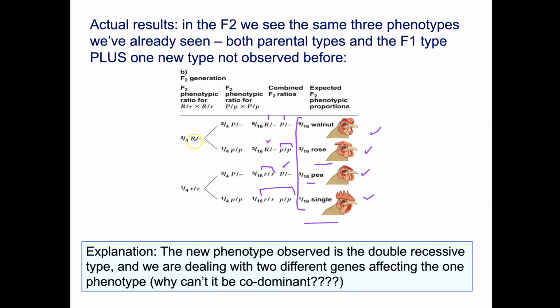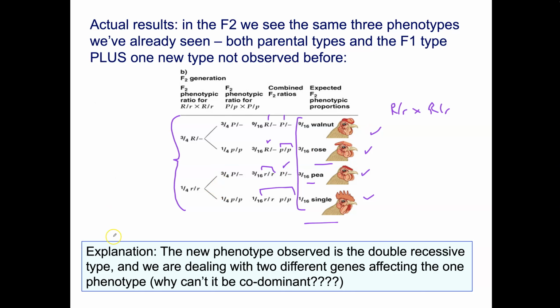Okay, so when you look at this ratio, you know that you can't have a walnut comb based on heterozygosity for a single gene. If you have 2 alleles of a gene and you cross these to each other, there's no way you're going to get 4 different phenotypes out of that, right? There's only 3 possible genotypes, so there can't be 4 phenotypes.